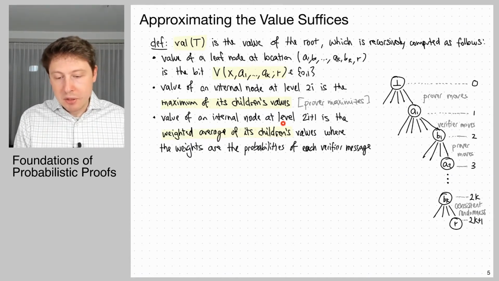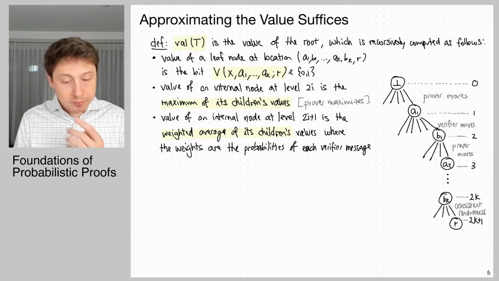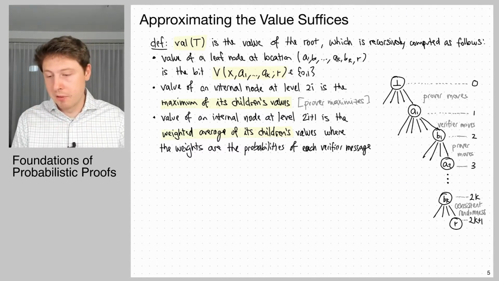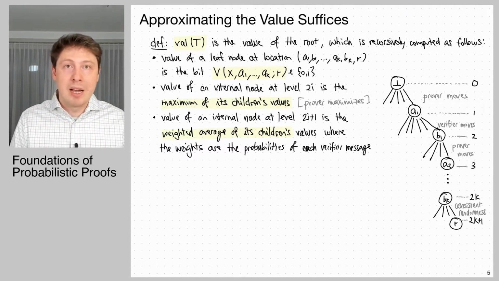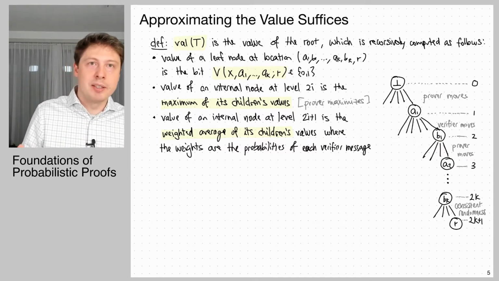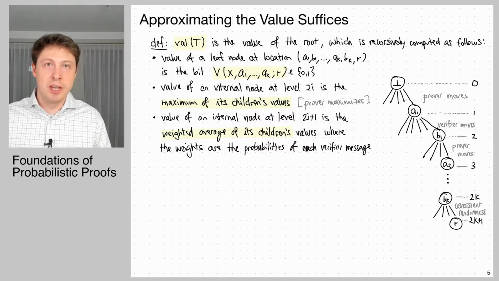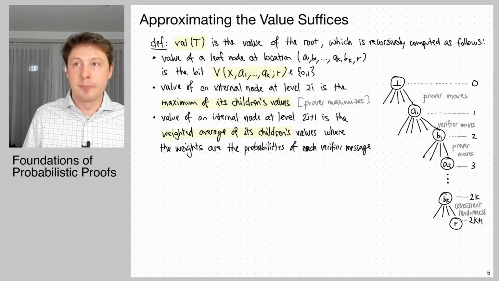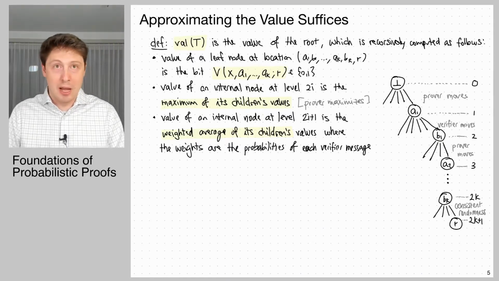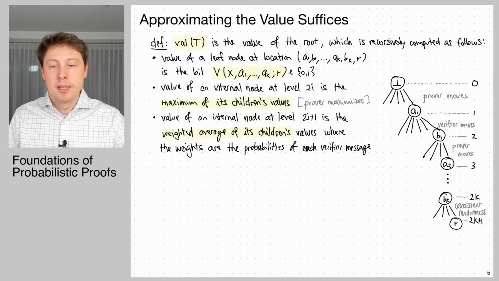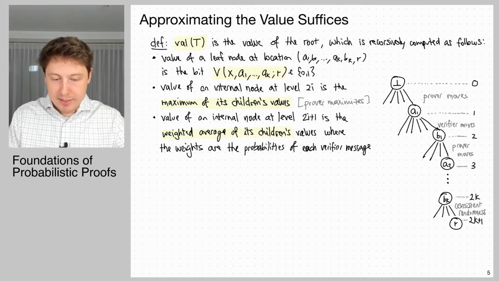And if you're looking at an internal node that corresponds to the verifier moving, then it's going to be just the weighted average of the children's values according to the probabilities for each of these edges. Alternatively, you can think about the edges splitting into many copies, and then you're just taking the actual average. So all of this makes sense, should be familiar.